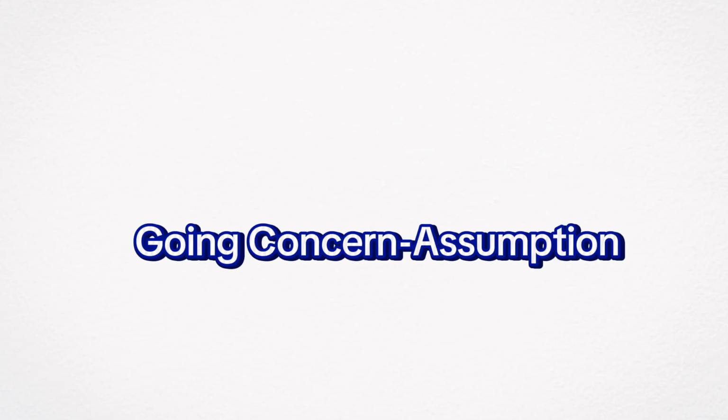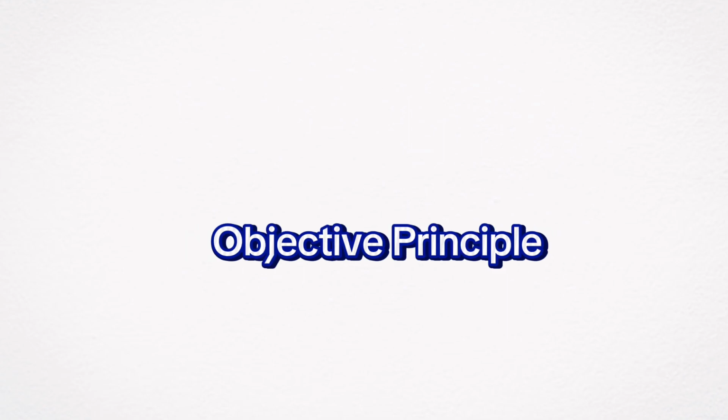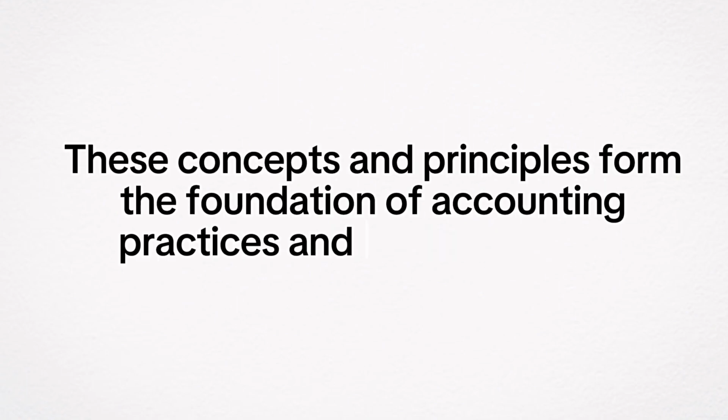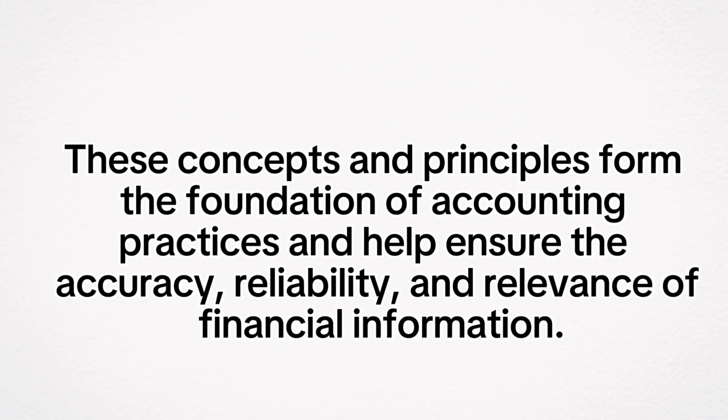Ninth, time period. Tenth, prudence or conservatism. Eleventh, going concern assumption. Twelfth, consistency principle. And lastly, objective principle. These concepts and principles form the foundation of accounting practices and help ensure the accuracy, reliability, and relevance of financial information.